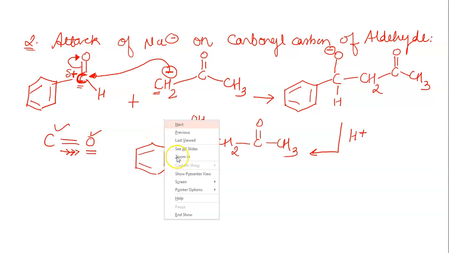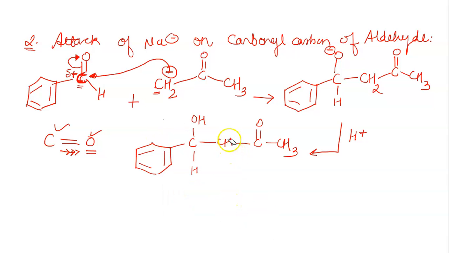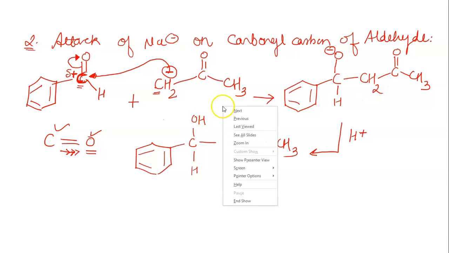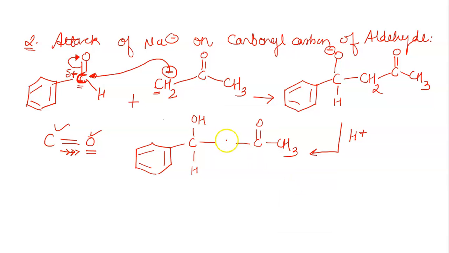Now pay attention to this intermediate. The central methylene CH2, I can actually write it in this way: carbon and 2 hydrogens. Now this methylene is also slightly acidic in nature. Why?